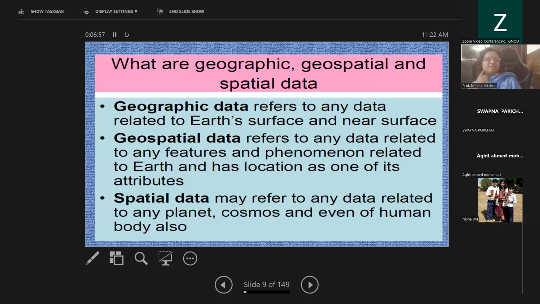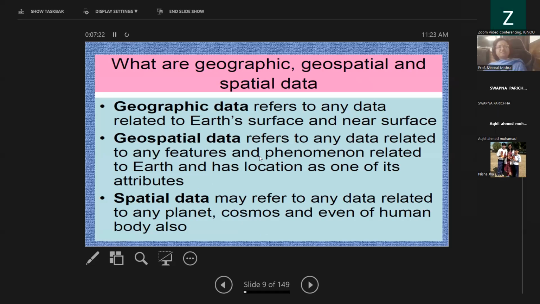Now, there are certain terms which will come again and again in these units: geographic, geospatial, and spatial data. Let us differentiate between these three terms. Geographic data refers to any data that is related to the surface of the earth.